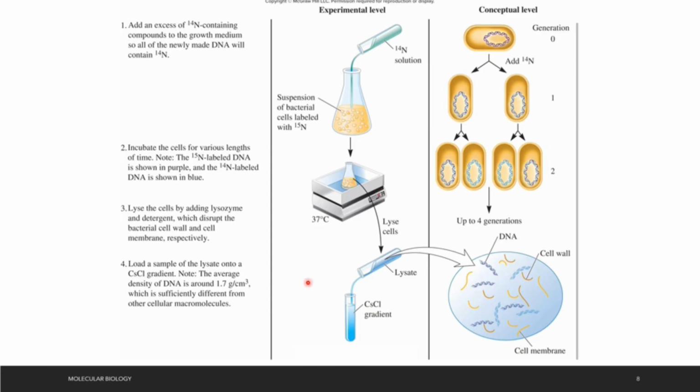They transfer the DNA into a CsCl gradient, and they centrifuge the DNA molecules. By having a gradient while centrifuging, you can see how heavy the DNA molecules are by visualizing them and seeing which part of the gradient the DNA molecule resides in.